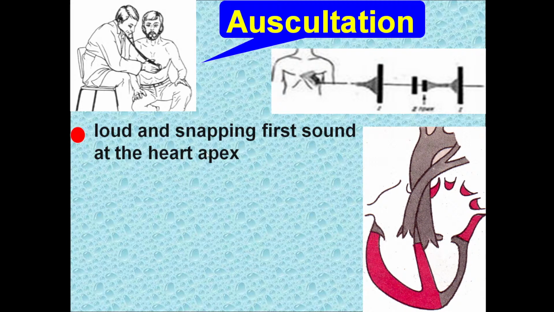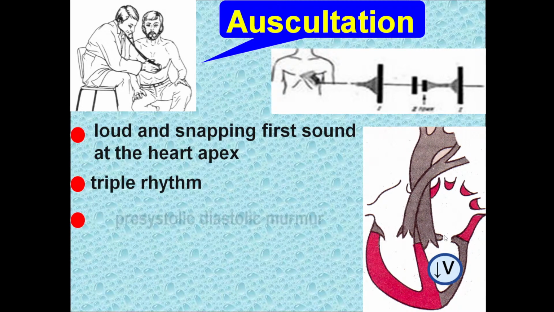The first sound over the heart apex increases. Then we hear an additional third sound, characteristic for triple rhythm. We hear the opening snap of the mitral valve, because its elasticity decreases plus pressure in the left atrium increases.